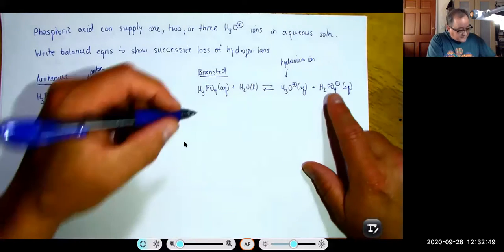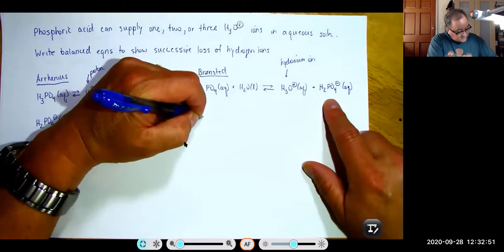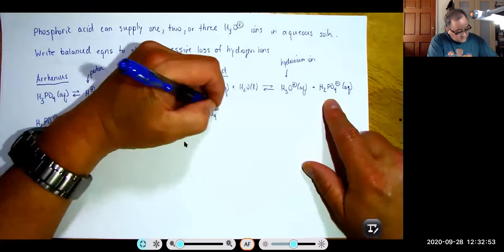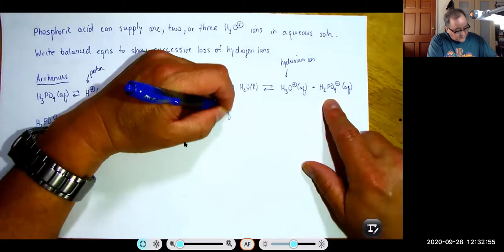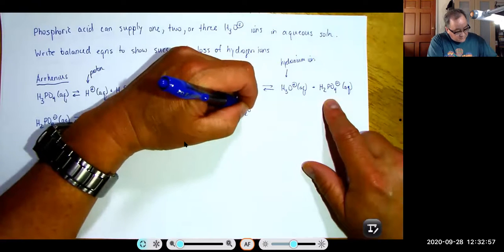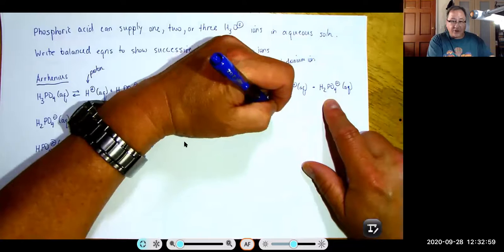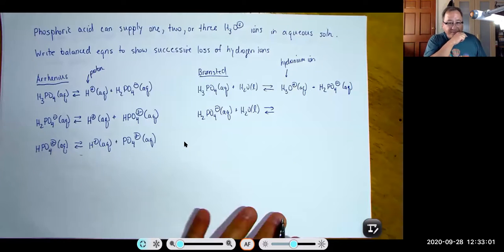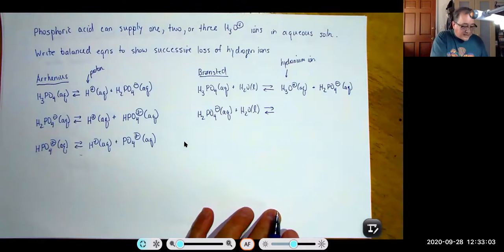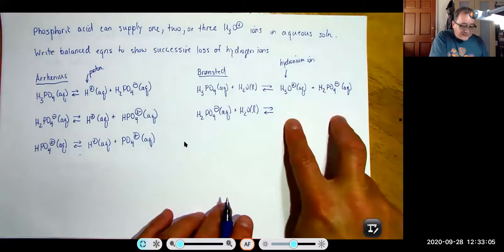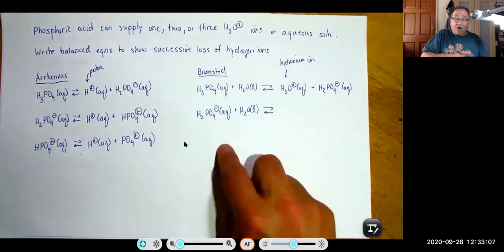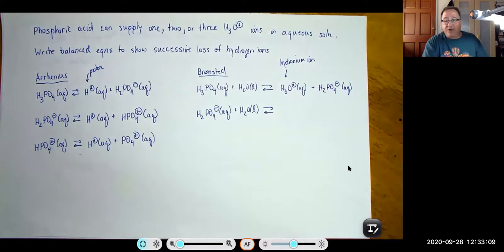This is an acid. It reacts with H2O. So guess what I want you guys to do? I want you to get these two answers, then do the next one also, and give me a thumbs up when you're ready.